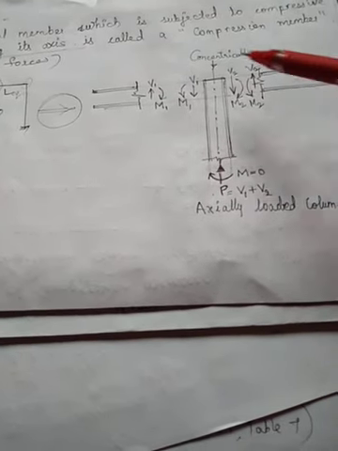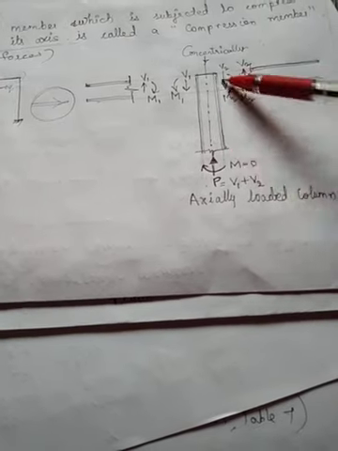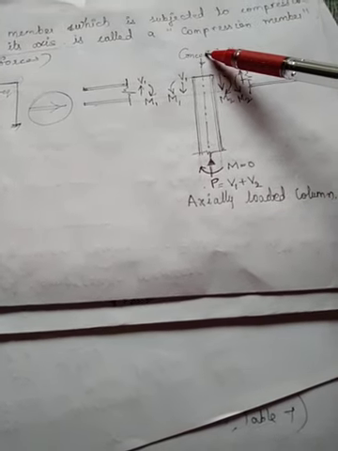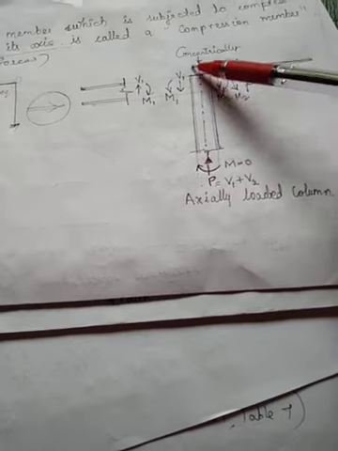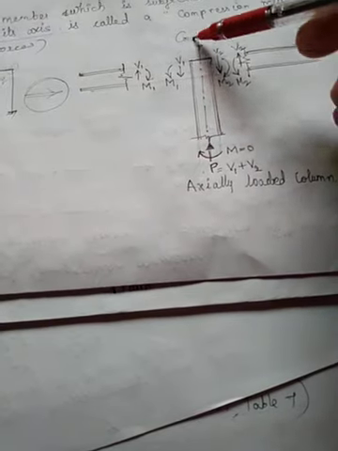These members are beam elements of a building, and this is a column, a vertical member. How is the force acting in this column? It is acting vertically, so it is acting axially, concentrically.